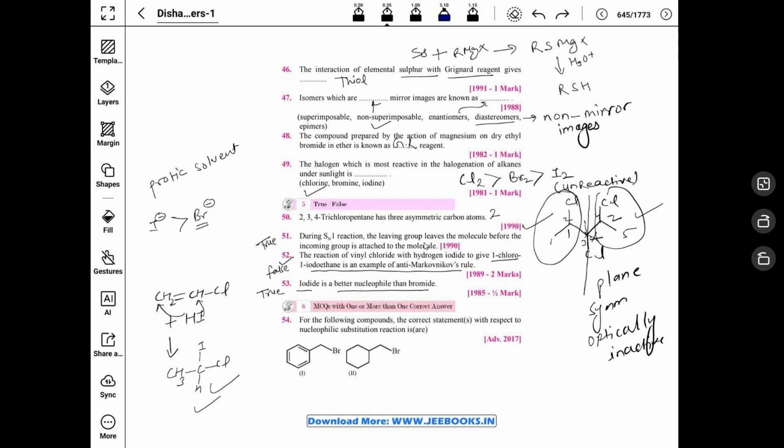And if this question was in a non-protic solvent, then this will be false. So here the question for me is not very clear, because iodide is a better nucleophile when you are talking in a protic solvent medium, but when you are talking in an aprotic solvent, then bromide is a better nucleophile than iodide, because in case of iodide, electron density gets dispersed, and hence its nucleophilicity decreases as compared to bromide.